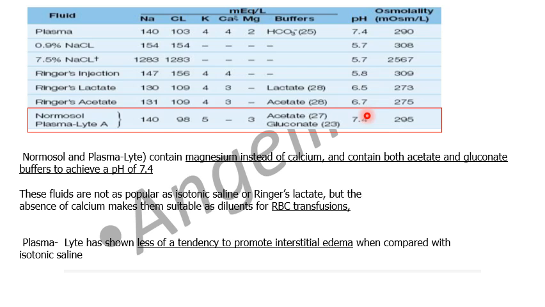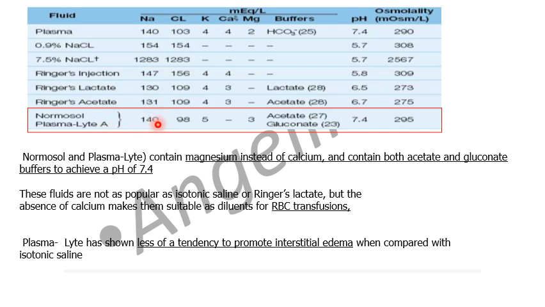Now these are not as popular as resuscitation fluids, but you must remember that there is no calcium here. So naturally, the chelating of the citrate will not be there, and you can use them to dilute RBC transfusions. Now coming to plasma-lyte A, it has a lesser tendency to promote interstitial edema when compared with normal saline.